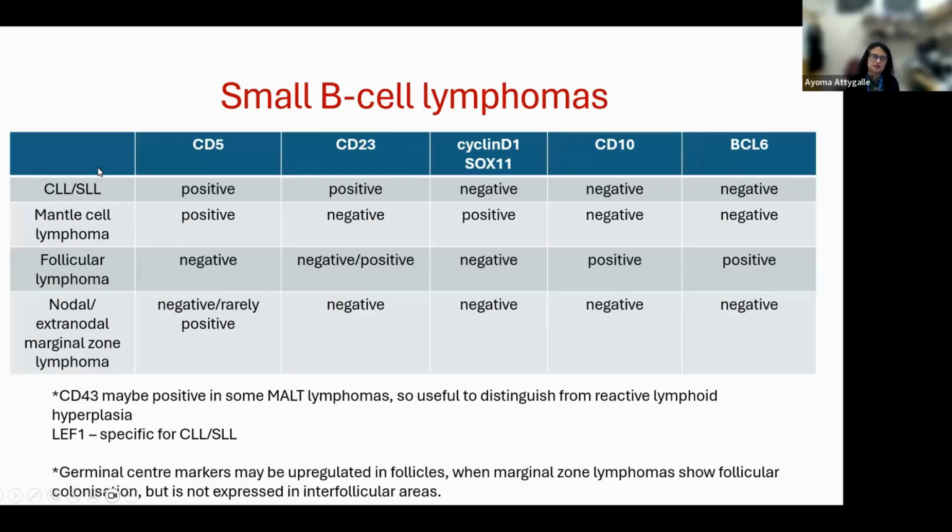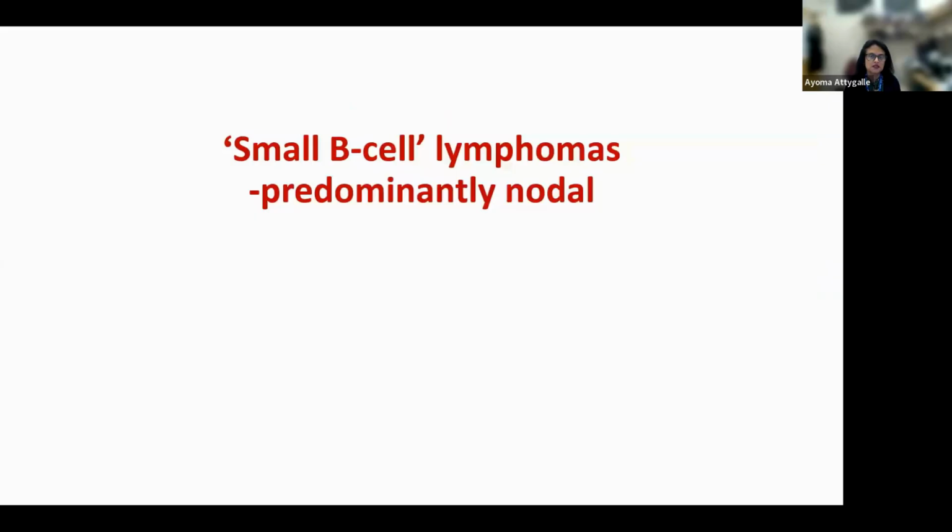So the differential diagnoses would be chronic lymphocytic leukemia / small lymphocytic lymphoma, mantle cell lymphoma, follicular lymphoma, and if it's in the case of a node, it will be nodal. If it's a primary extranodal, it will be extranodal, marginal zone lymphoma. So we'll come across these differentials and the utility of this table a little later on as well. But now we'll embark on the cases.